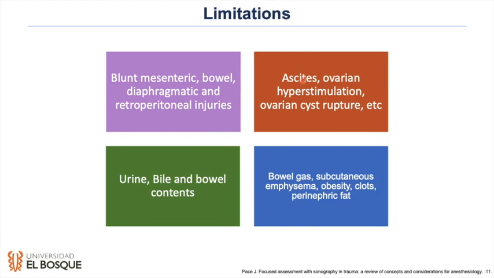You can also have false positive scans resulting from the detection of ascites, ventriculoperitoneal shunt outflow, ovarian hyperstimulation, and ovarian cyst rupture, etc., that are going to make us think that there is a hemorrhage, for example, but there is not.